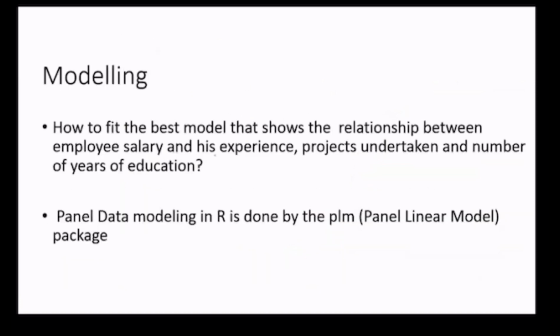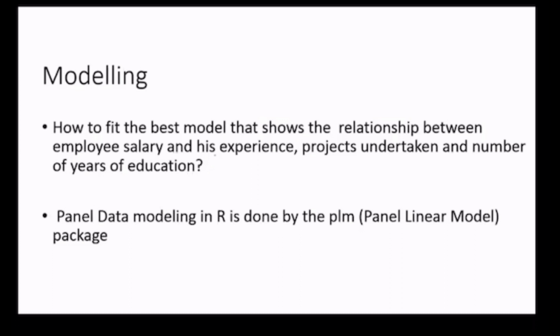Now I want to walk you through a real life example. Please pay attention, and I want to use a different data set. Here I want to fit the best model that shows the relationship between experience, project undertaking, and the number of years.